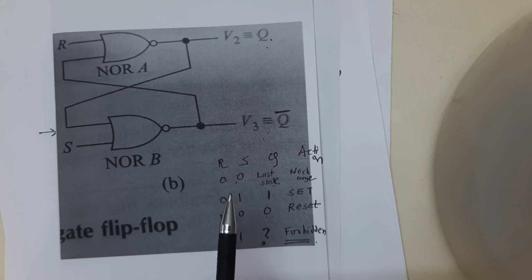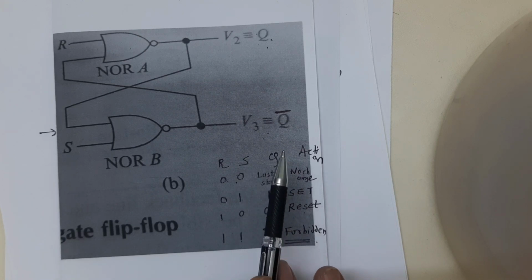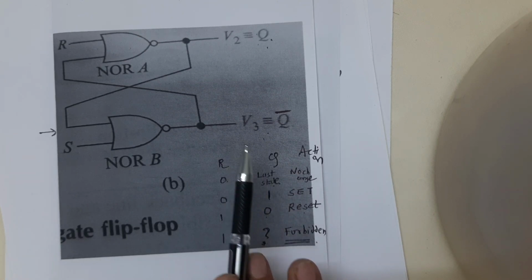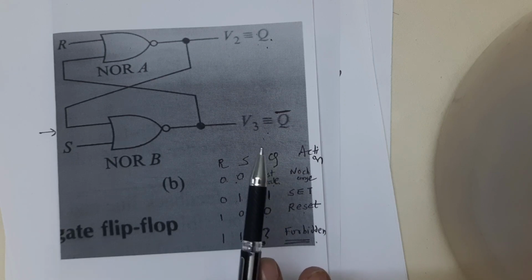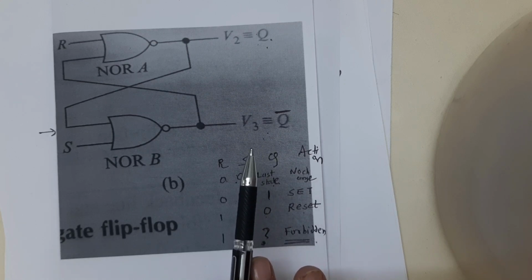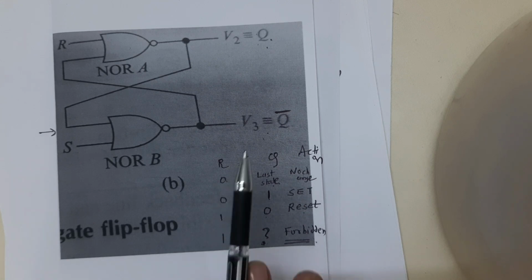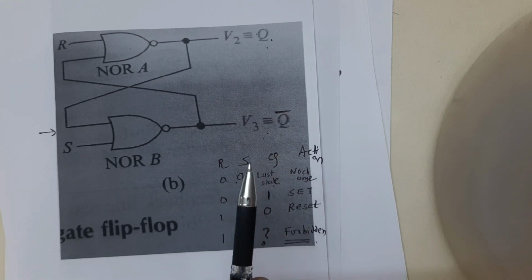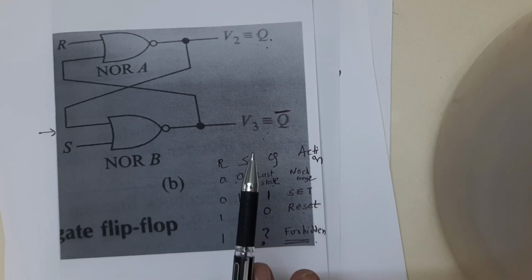In other words, both Q is equal to 0 and Q bar is equal to 0 at the same time. But this violates the basic definition of the flip-flop, because if Q is equal to 0, then Q bar is equal to 1, and if Q is equal to 1, Q bar is equal to 0. But here both are 0 at the same time. This violates the basic definition of the flip-flop that requires Q to be the complement of Q bar, and so it is generally agreed never to impose this input condition.